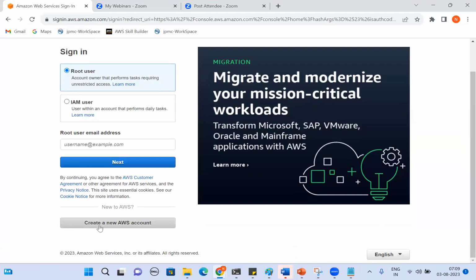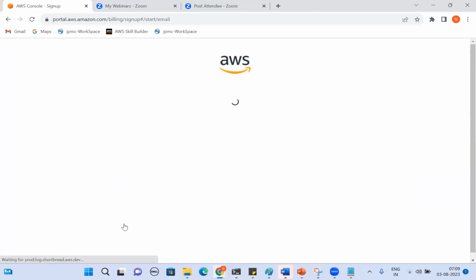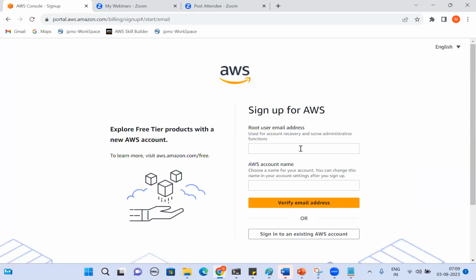Okay. So here you will see create a new AWS account. Okay, click this create a new AWS account. Okay, here we got it.